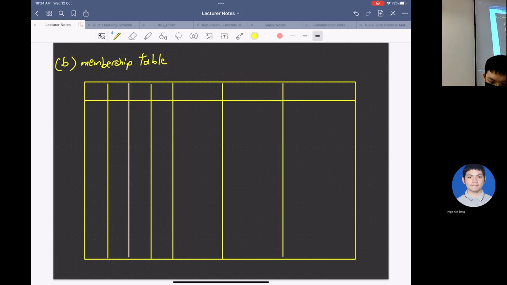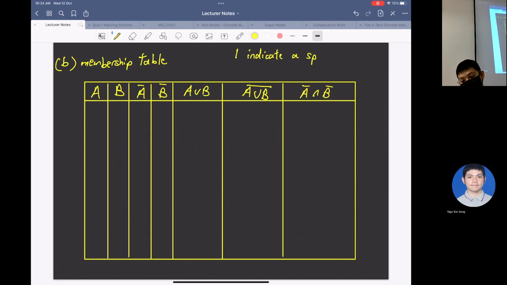Okay, in set theory, we will write this as well. I will write a 1. The 1 here indicates a specific element.